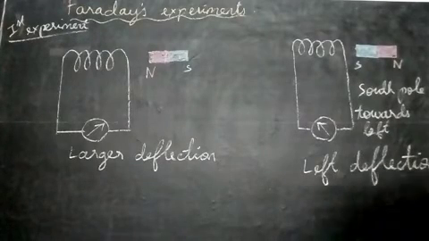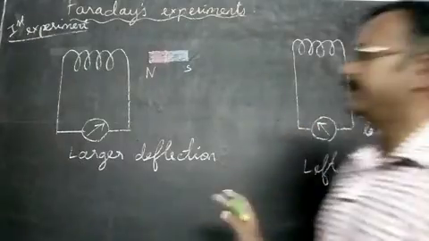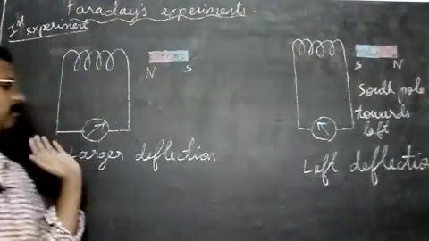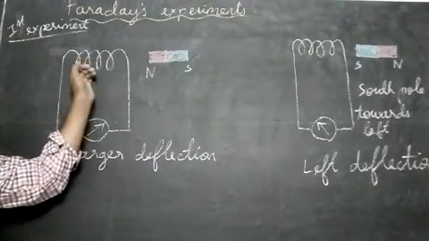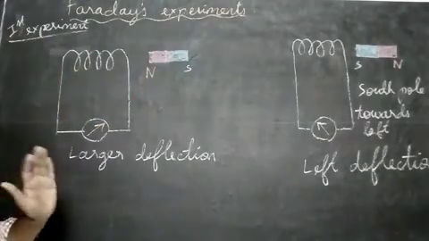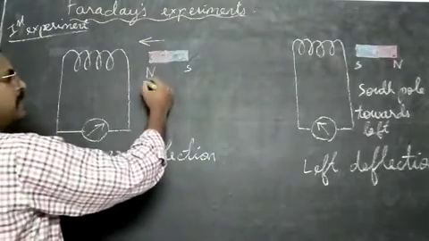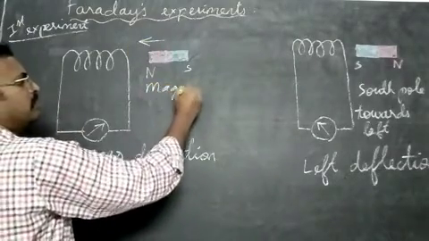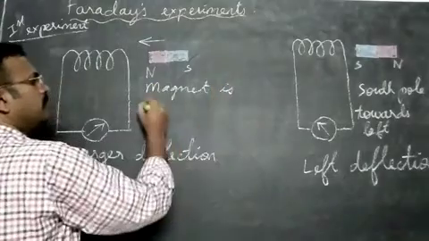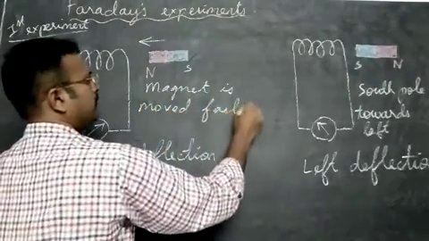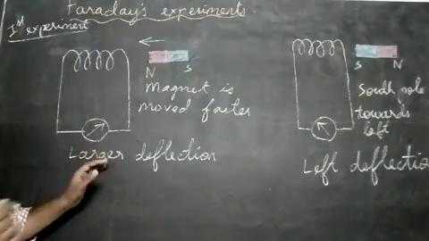Now let's go to the fifth part of this experiment. There is a coil and a magnet here. Now you move the magnet faster. As the magnet is moved faster, you get a larger deflection.